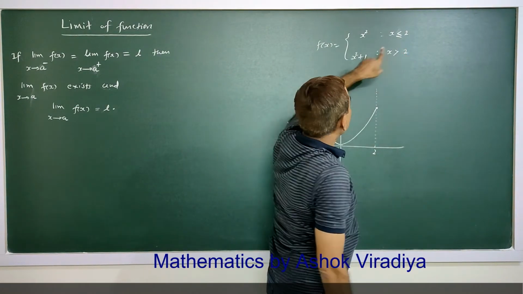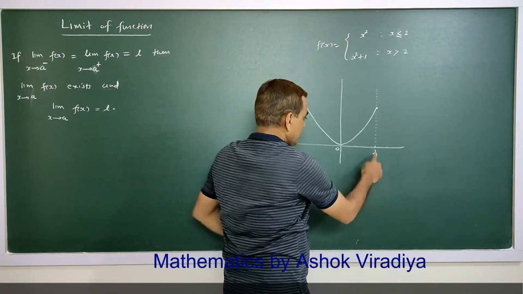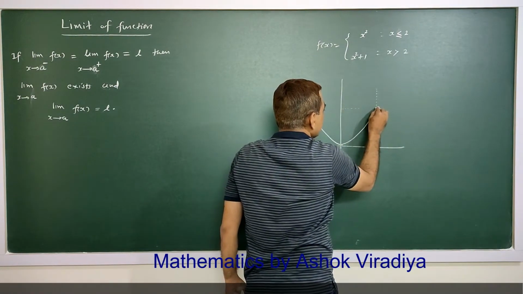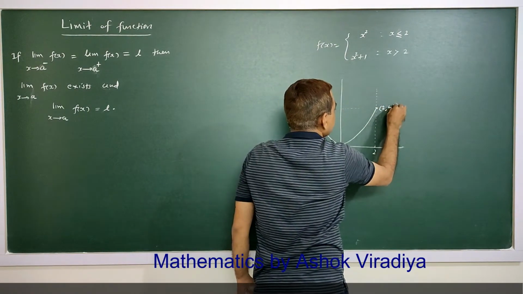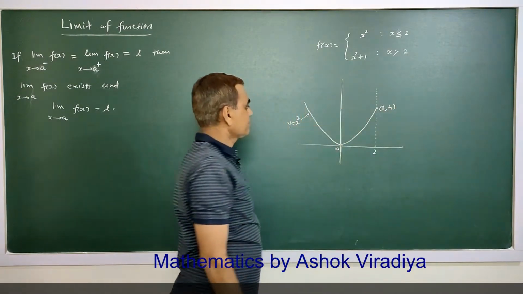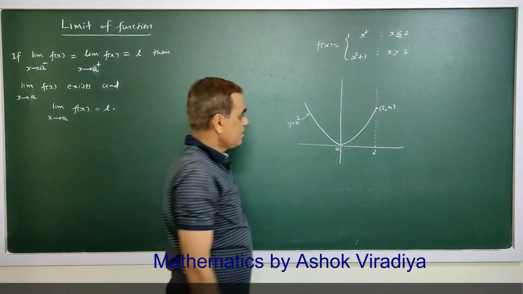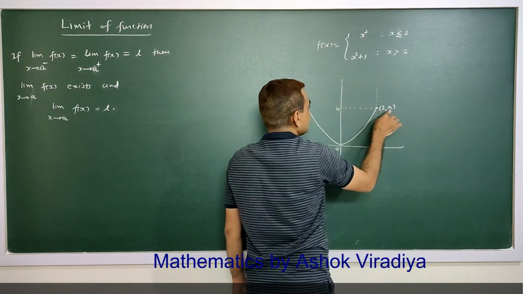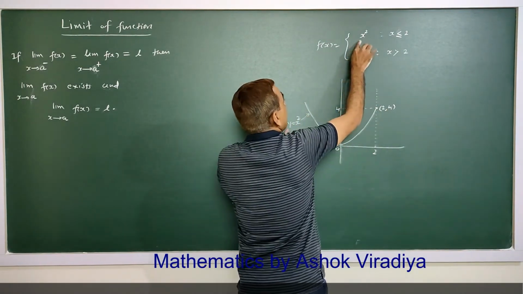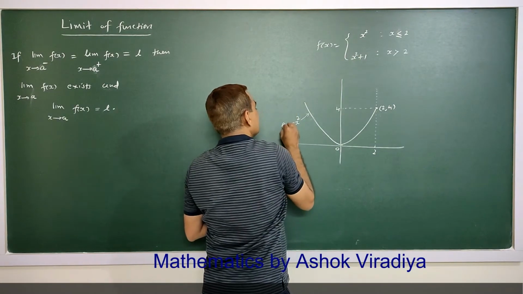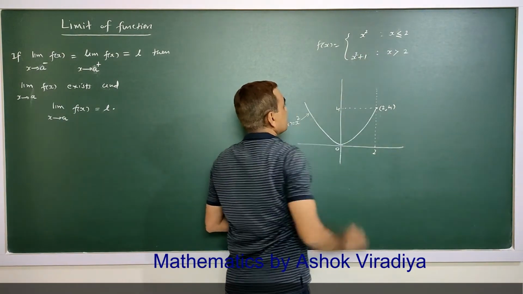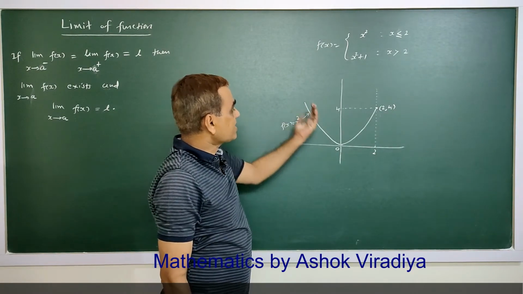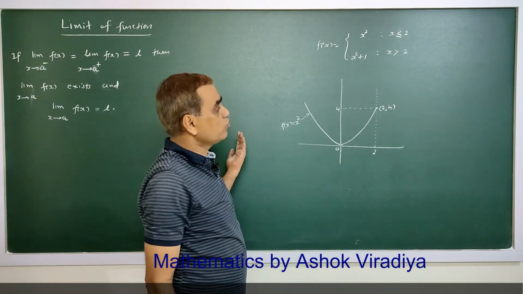For x equal to 2, f(2) is 4. So this point is included in the graph. For x equal to 2, f(x) is 4 and it is obtained by f(x) equal to x square. So this is the graph for x less than or equal to 2.